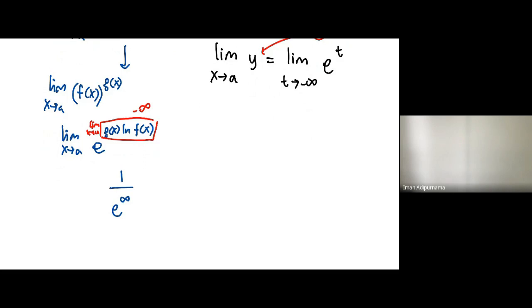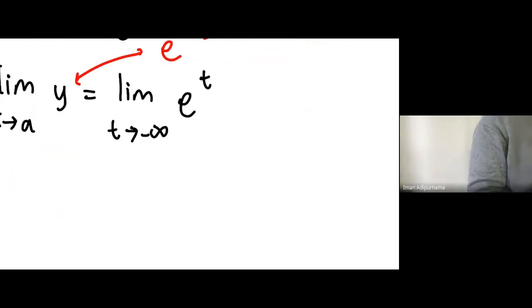And because it's in e, it will be 1 over this big e to infinity, so it is actually going to have 0. So this is what we have done.